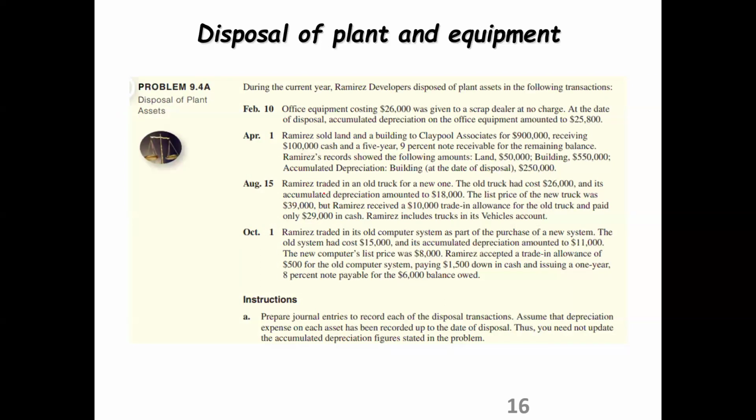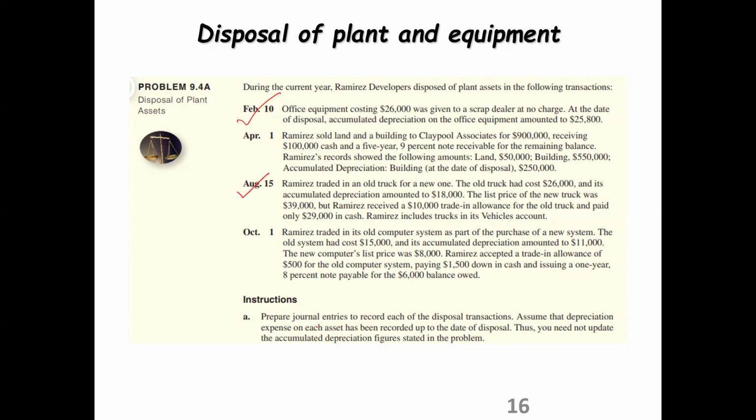Now we will solve this question from the book. It says that during the current year, this developer disposed of large assets in the following transactions. So we are going to focus on just two transactions, that is February 10 and August 15.